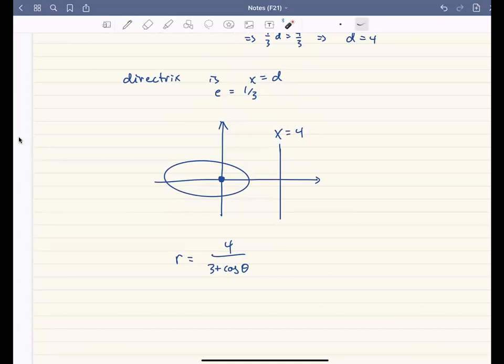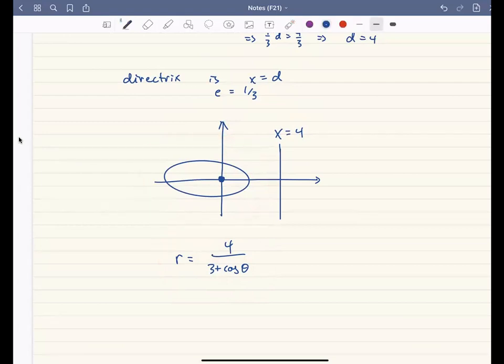And I know that this expression is not going to go to infinity because you're never dividing by 0. Cosine is between -1 and 1, and therefore 3 plus cosine theta is between 2 and 4. But in particular, it's never 0. And so that's how you can tell right away that this is going to be an ellipse: the denominator is never 0. So the curve is always defined and nothing ever goes to infinity.